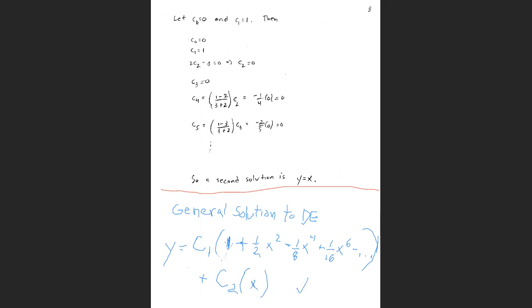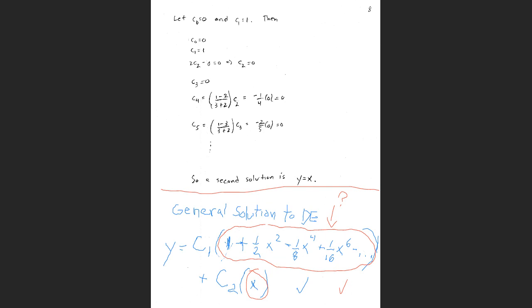That's the general solution to the differential equation, where instead of having two functions, you have two power series. But sometimes, based on the power series you get, you might be able to figure out the function for that power series, if the power series is simple enough. So this is called a general power series solution.